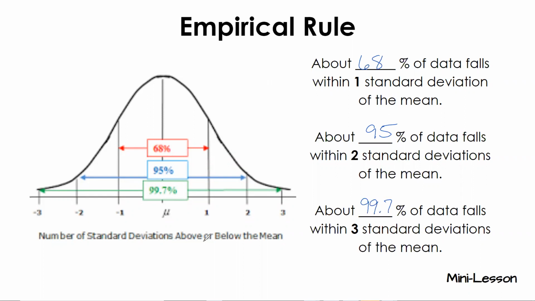And then you have 99.7% that's going to fall within 3 standard deviations. How they got those numbers is they just added up that 34 plus 34 to get that 68. Then they added the 13.5 plus 34 plus 34 plus 13.5 to get 95. And then the last one, they added up all 3 of those standard deviations on both sides.